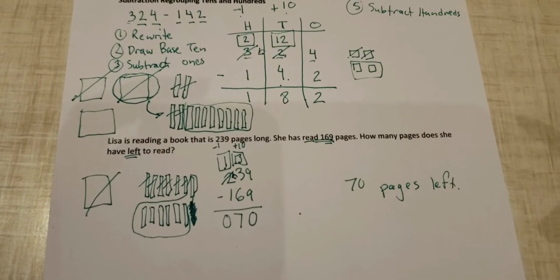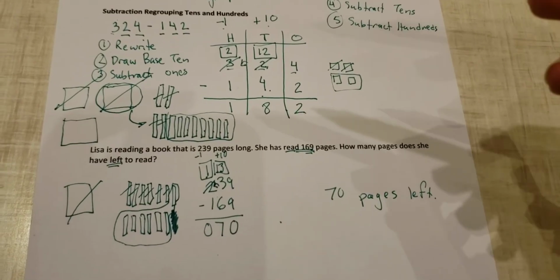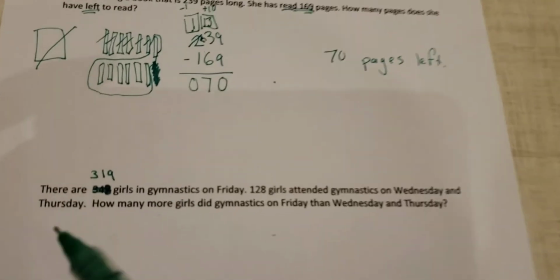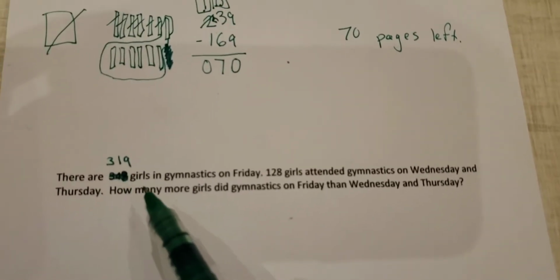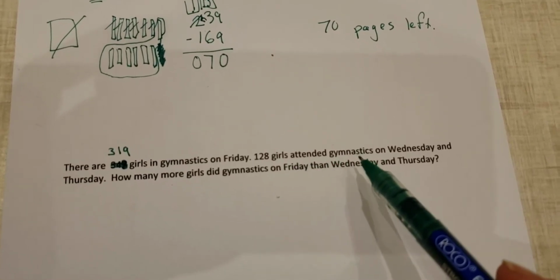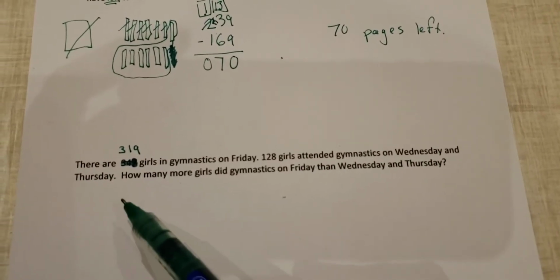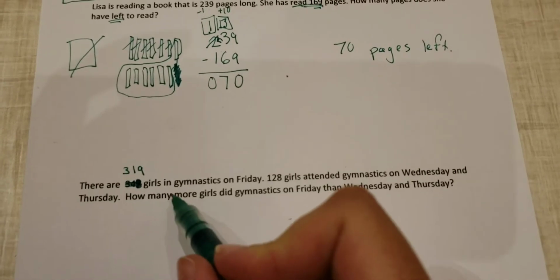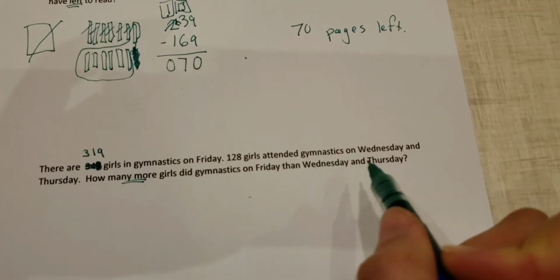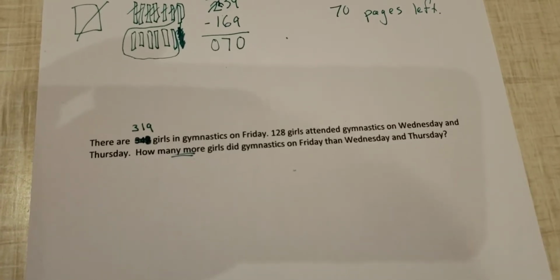Okay, let's now try regrouping the tens and the hundreds in subtraction with another word problem, okay? There are 319 girls in gymnastics on Friday. 128 girls attended gymnastics on Wednesday and Thursday. How many more girls did gymnastics on Friday than Wednesday and Thursday?